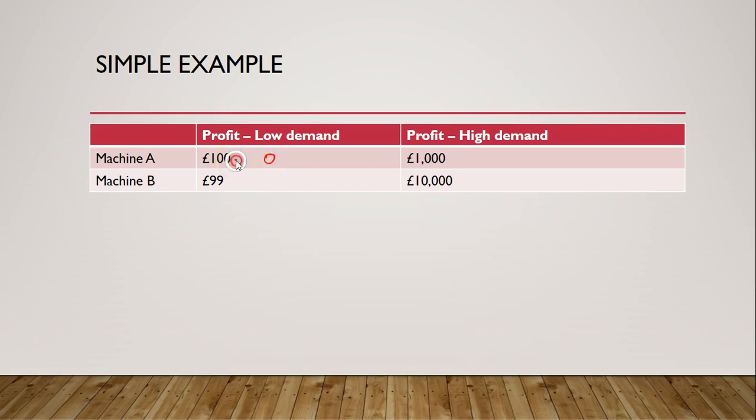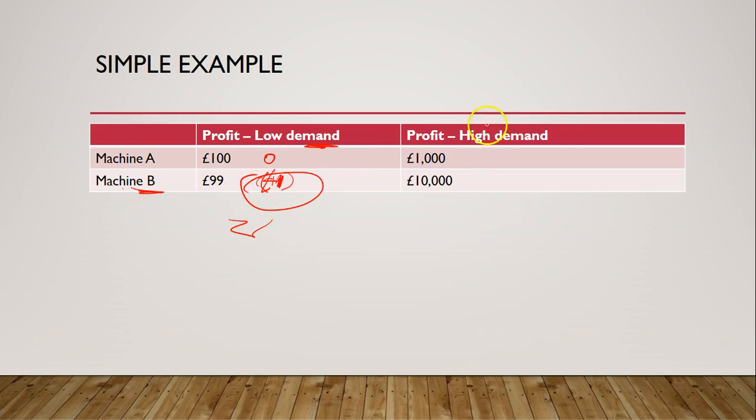Demand was low, and that's the scenario. But if I had chosen machine B and demand was low, I would have lost a potential £1. If I chose machine A, that's spot on. If I chose machine B, I've lost out on £1.